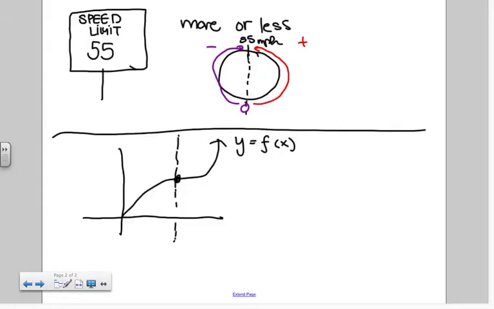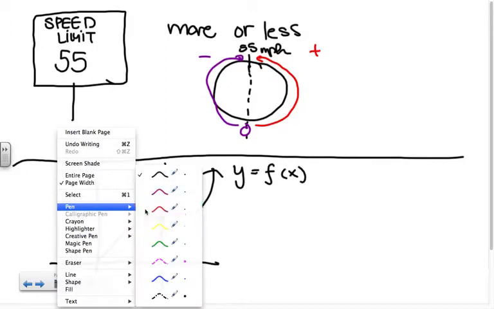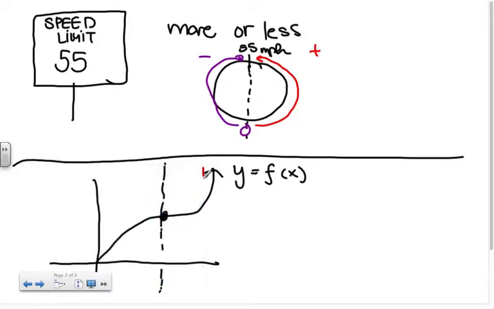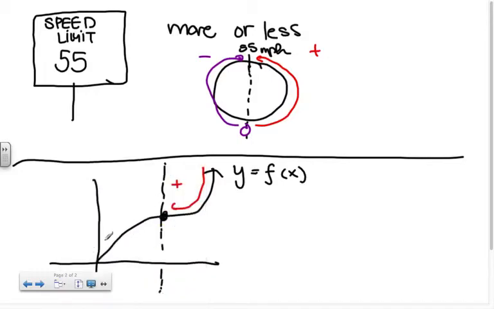I can do one of two things. I can either come from the right side, make it smaller to get this point, or I can come from the left side to get larger, increasing to get to this point. Now, why is it right and left side? Because, of course, as you know, this is coming from the left because of your axis of rotation.